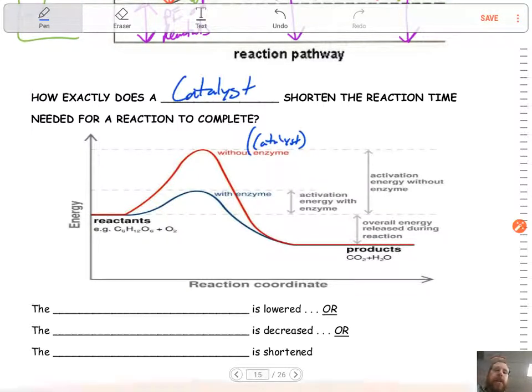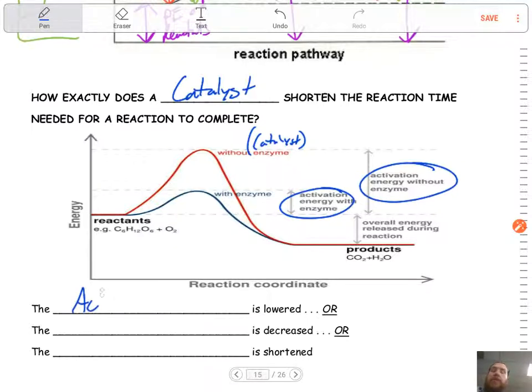So what does it change, right? It lowers the amount of energy that's needed. So notice the activation energy with the enzyme versus the activation energy without. That's what allows it. This is that different pathway that it can take. So a reaction could take the red line, well, that's a longer way, or it could take the blue line. 2 different pathways. So the thing to remember, guys, with a catalyst, and I have seen old Regents questions dealing with this, how does a catalyst shorten a reaction?